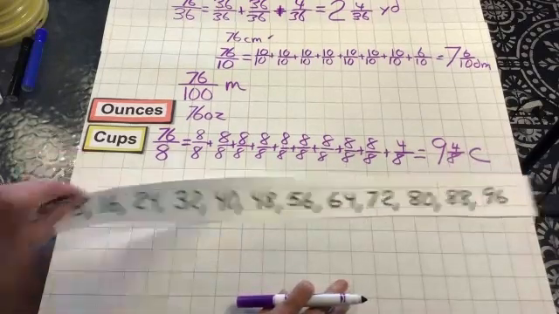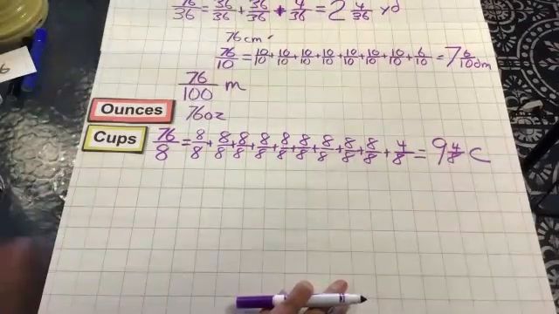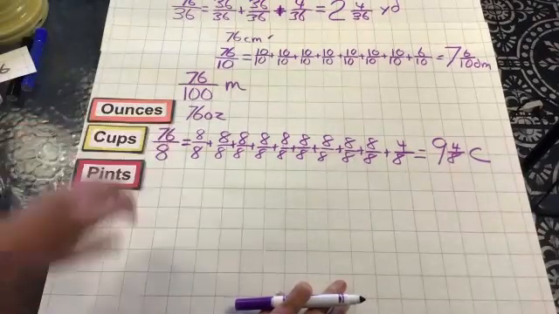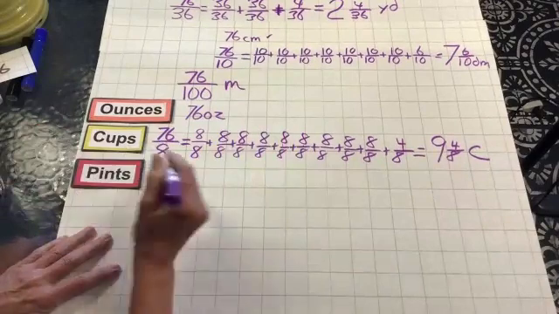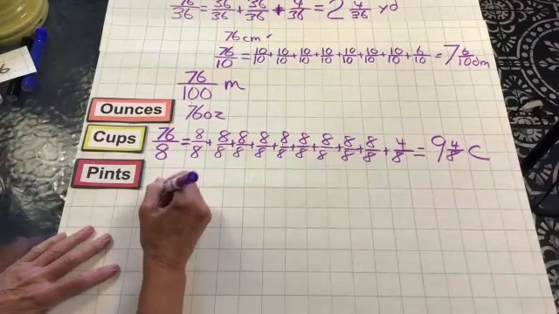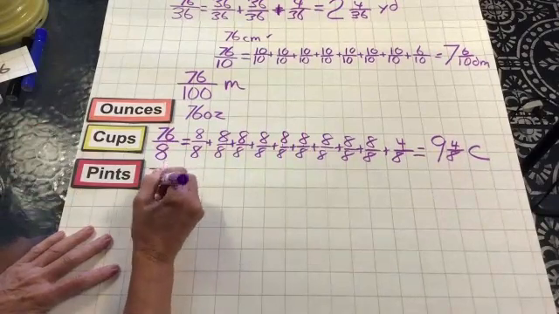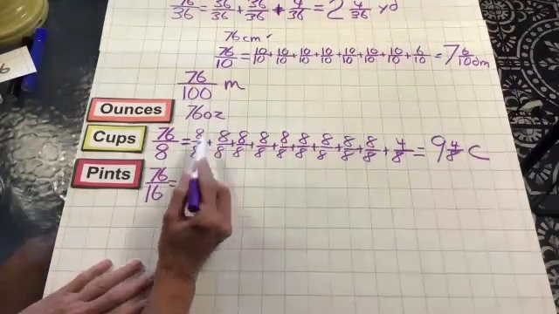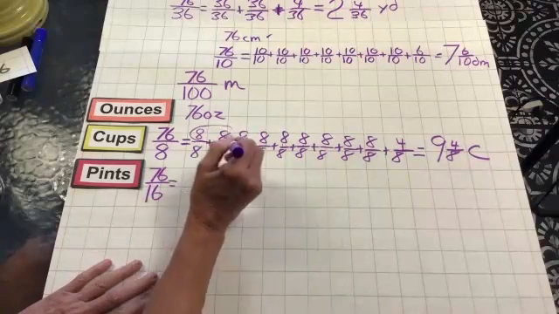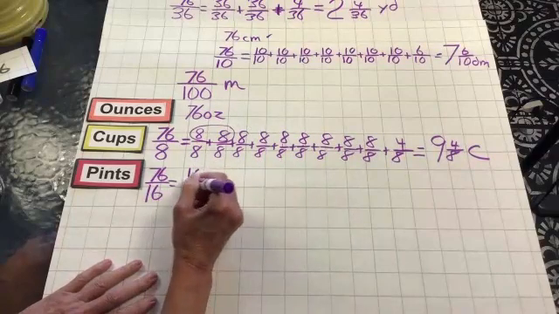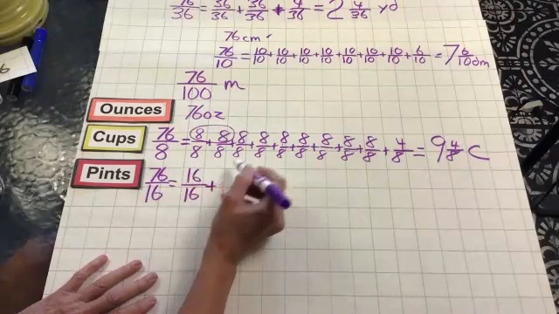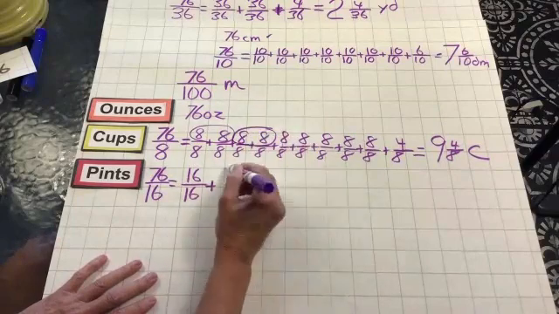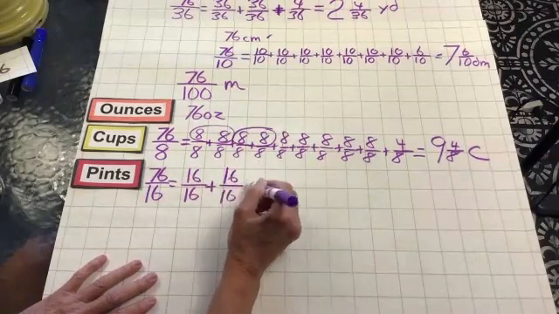All right, looking good. So again, once we have that, we can use this problem to solve this one. So it takes 16 ounces to make a pint. We have 76. So we're going to start putting these into 16s. So 8 plus 8 is 16. So there's 1 pint. There's 2 pints.